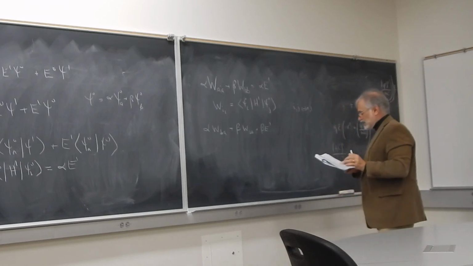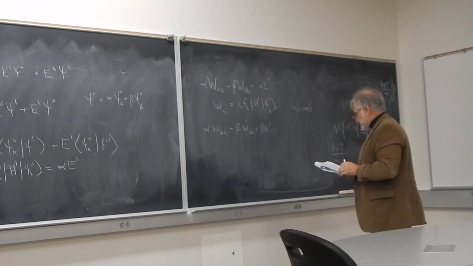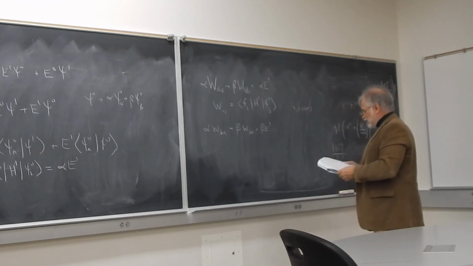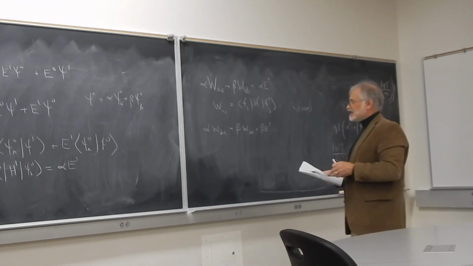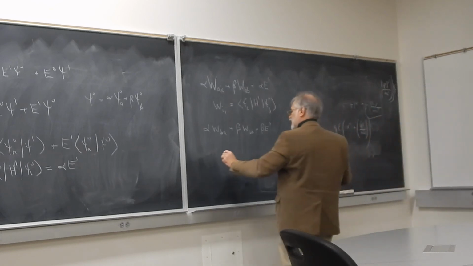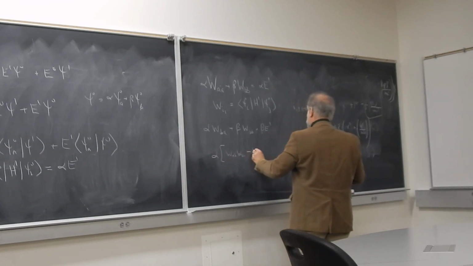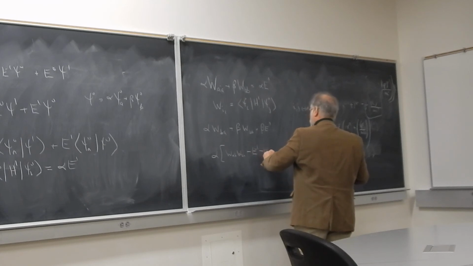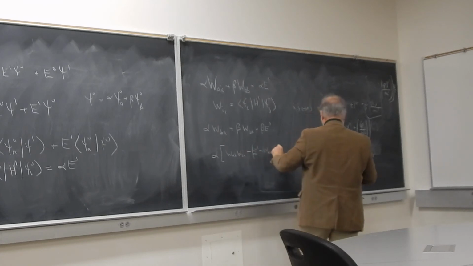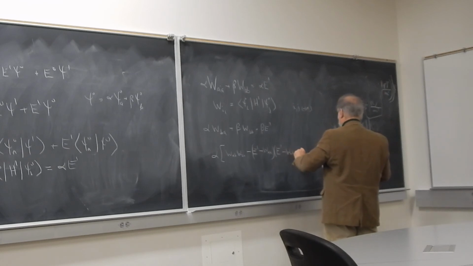So the W's are matrix elements of the perturbation with respect to the unperturbed wave functions psi A and psi B. And so if we put it together, we get alpha times (WAB WBA minus (E1 minus WAA)(E1 minus WBB)) equals 0.